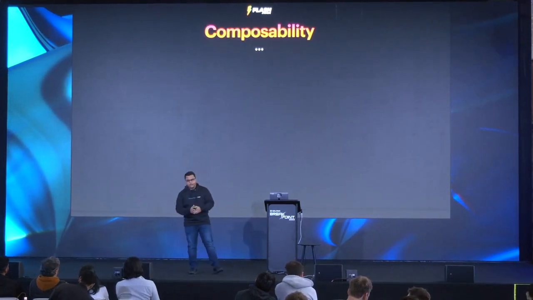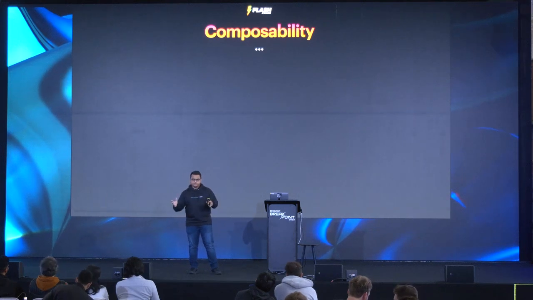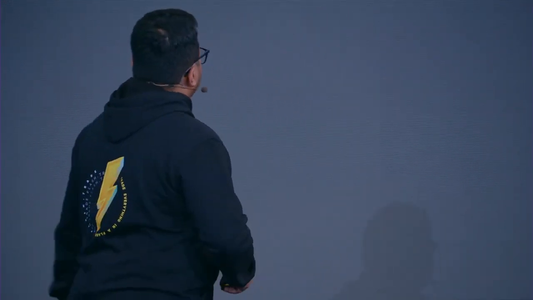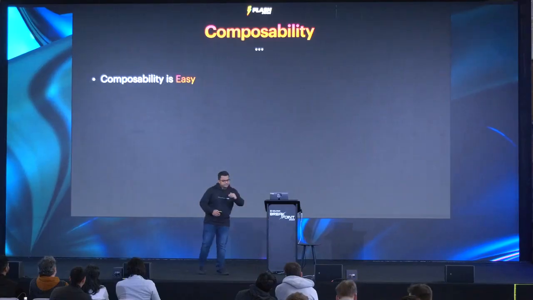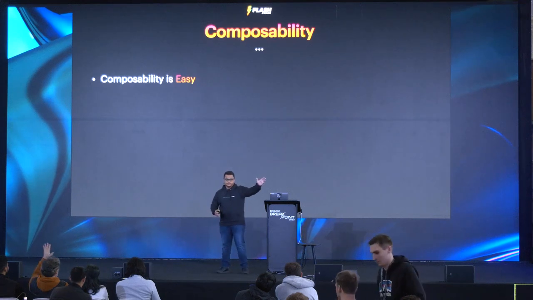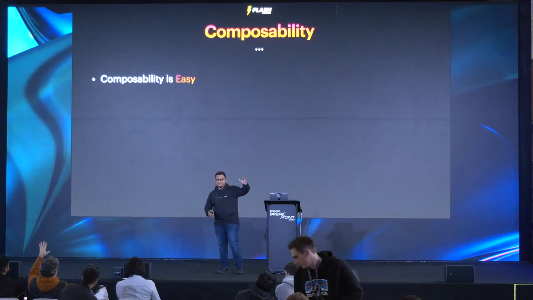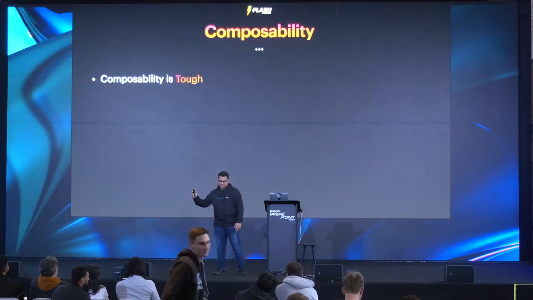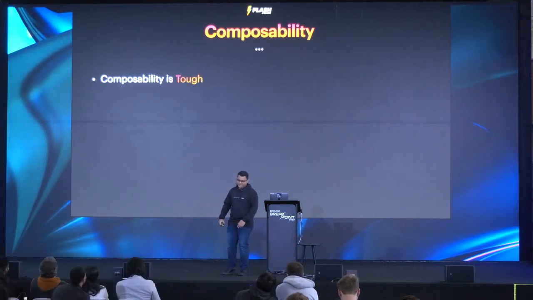Composability. Who here understands composability? Show of hands. Few people, but everyone uses it, and we'll come to it. Composability is easy. Do we agree? Very few people agree, so which means composability is tough.